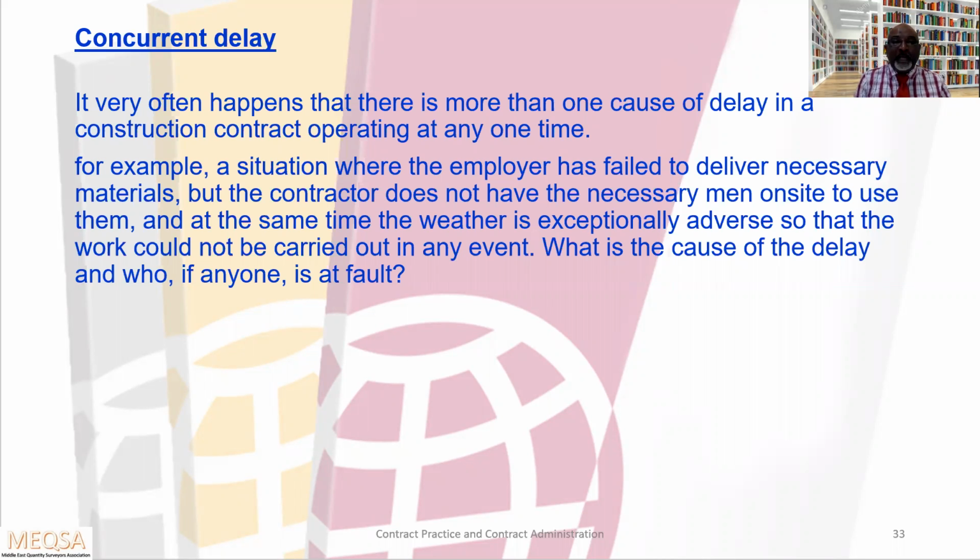Employer didn't deliver that material, and at the same time, the contractor also does not have the men to use them. The third scenario, at the same time, the weather is exceptionally adverse so that the work could not be carried out in any event. So these three scenarios together are called the concurrent delay.